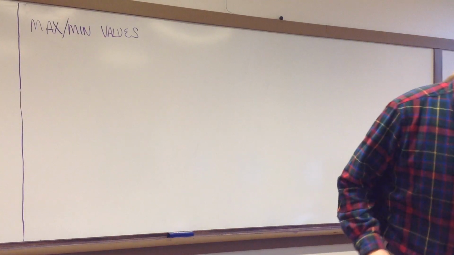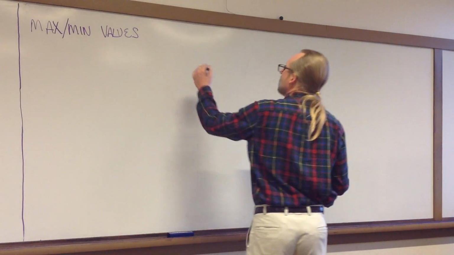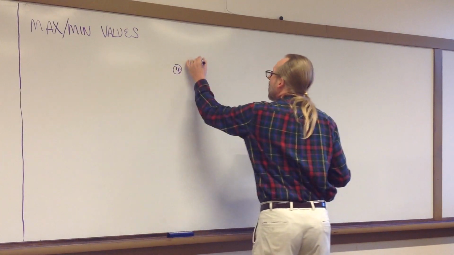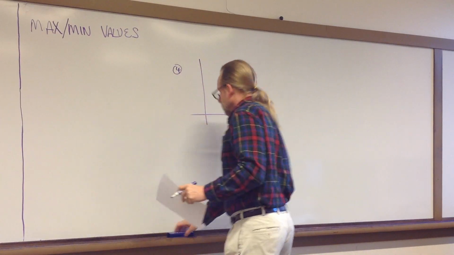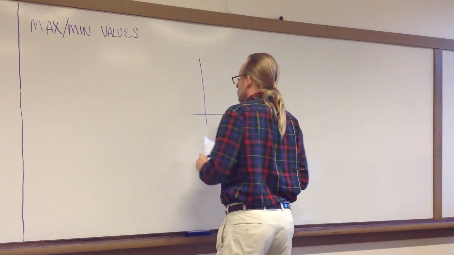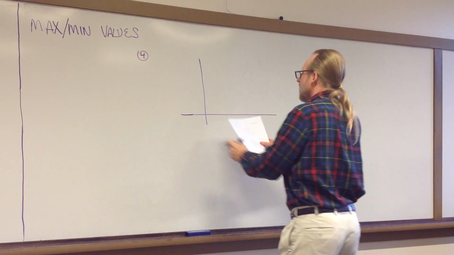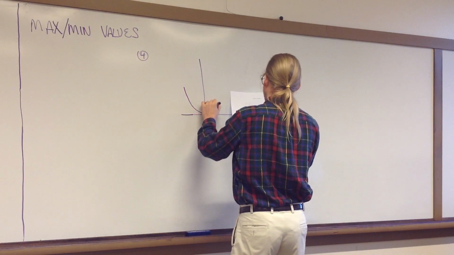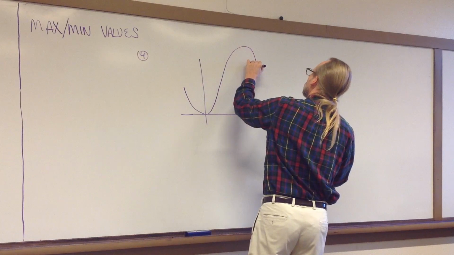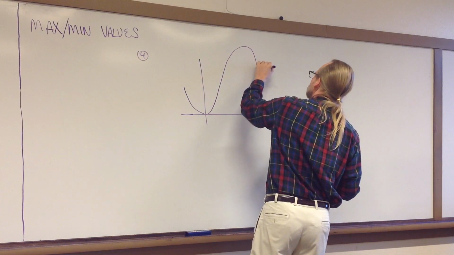Let me do a little sketch for problem 4 here. And let's see what we've got. Move this out of the way a little bit. So we start up here, comes down like that, and that's the point (4, 16).